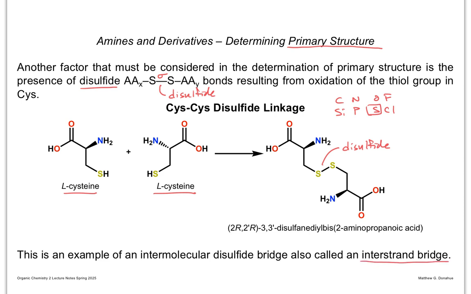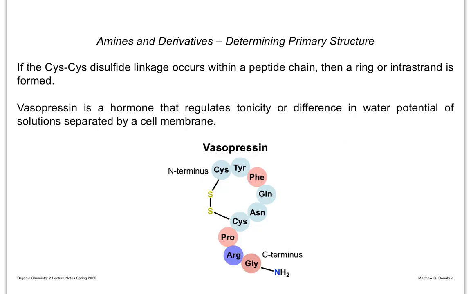So ultimately, if you have one chain, 2 cysteines, they bond together, that forms a very big ring. So an example of that sort of ring is seen in this molecule called vasopressin. So vasopressin is a hormone that regulates tonicity, or the difference in water potential of solutions separated by a cell membrane.